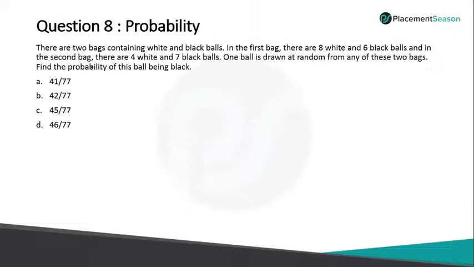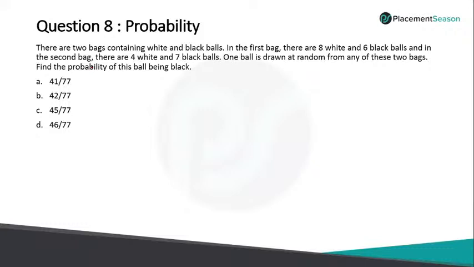Okay, then from the topic probability. So there are 2 bags containing white and black balls. In the first bag there are 8 white and 6 black balls. In second bag there are 5 white and 7 black balls. One ball is drawn at random from any of these 2 bags. Find the probability of this ball being black.